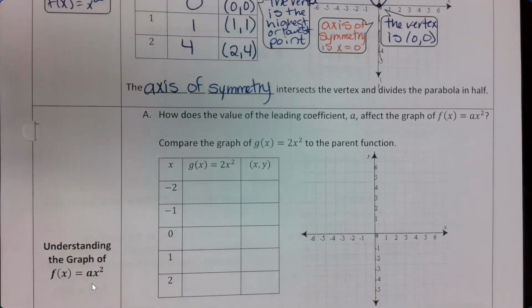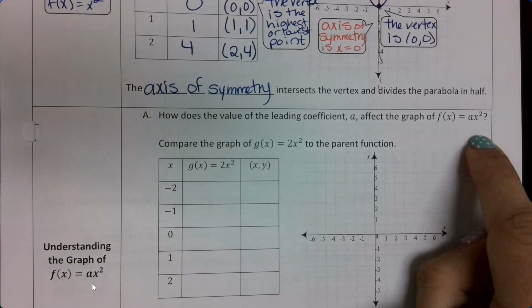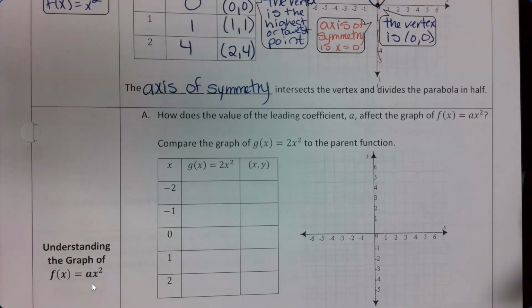Okay, so this next one wants me to see how the leading coefficient a affects the graph of f of x equals ax squared. So now I'm putting a number out front, and I want to see how it's changing it from that graph we just graphed. So I want to compare this to the graph of the parent function. The first thing I'm going to do is graph the parent function.